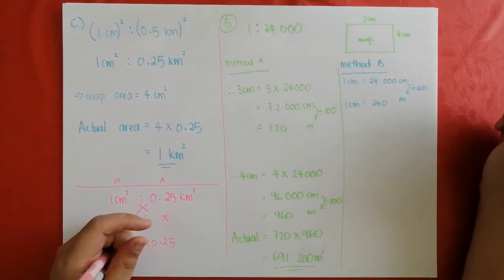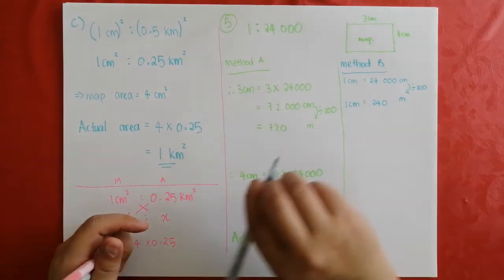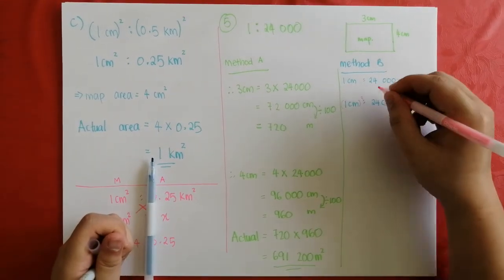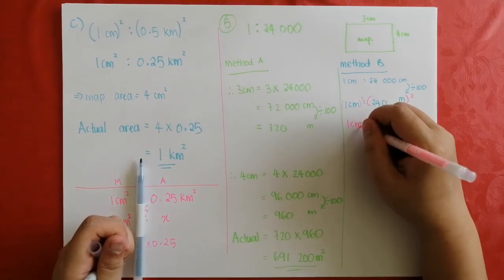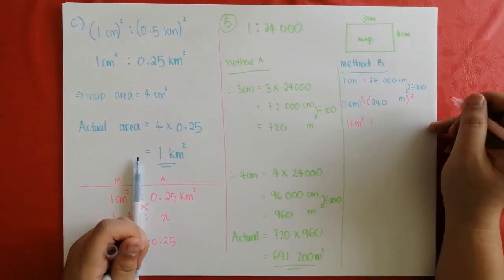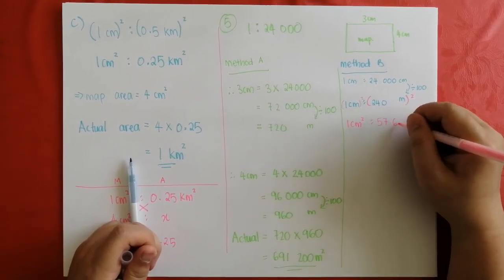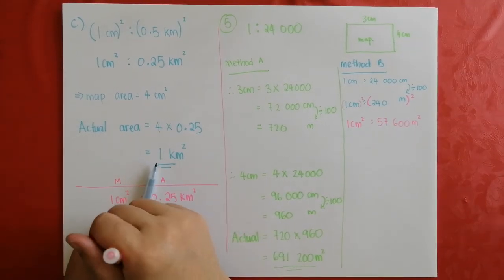Since I want to find the area, I need to square the length, and square the scale. So 1 square centimeter represents 240 meter times 240 meter, which gives me 57,600 square meter.